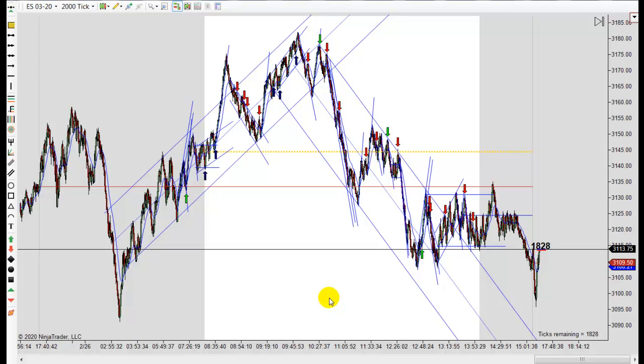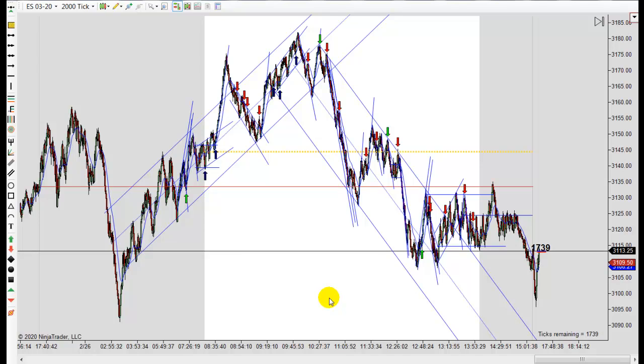But if the bar is too big to enter with your normal 8 tick stop rule, let's say you have to have 12 ticks to put your stop where it goes. And if you can't put your stop where it's supposed to go, which is above or below the swing high or low, then don't enter. You have to put your stop there because if you don't, you're going to get stopped out on perfectly good trades.